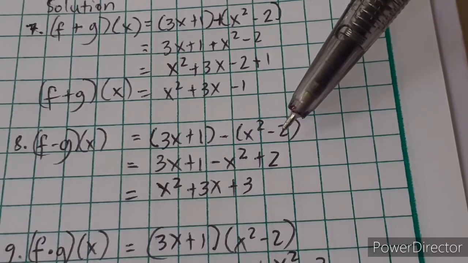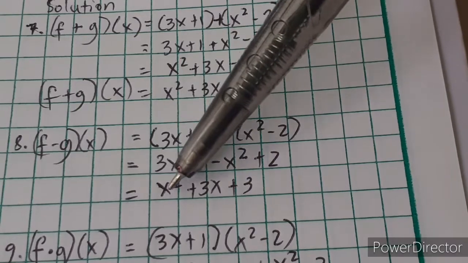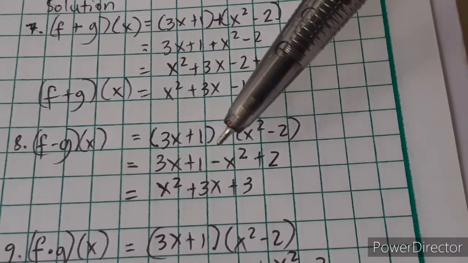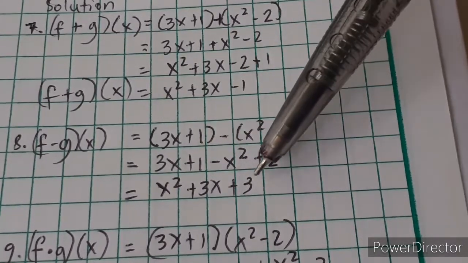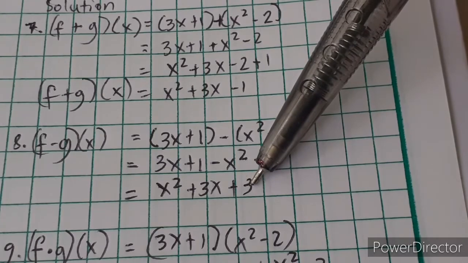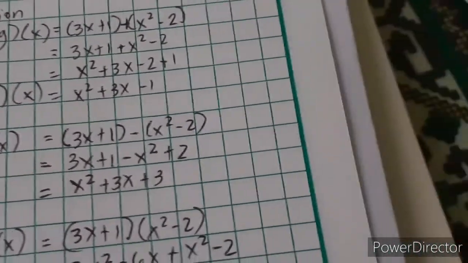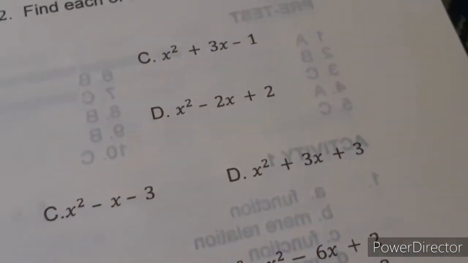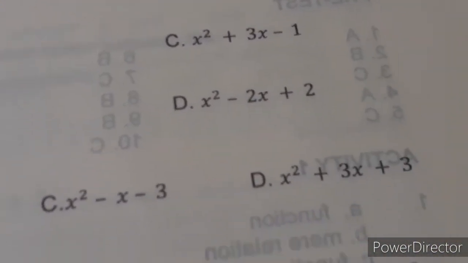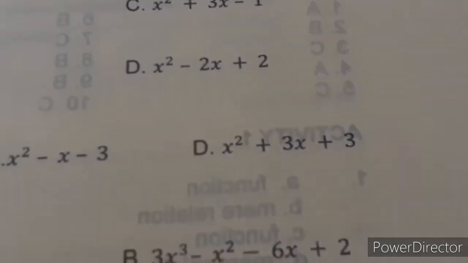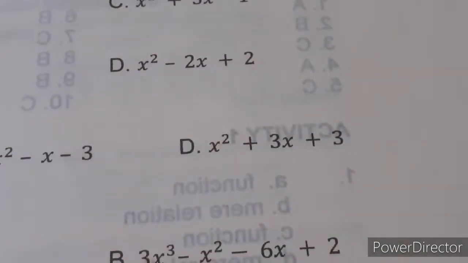Negative times negative 2, you get positive 2. So this is your final answer, because plus 1 and plus 2 will be plus 3. So that is in letter D. X squared plus 3x plus 3.